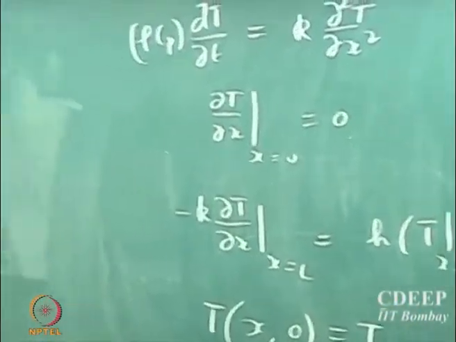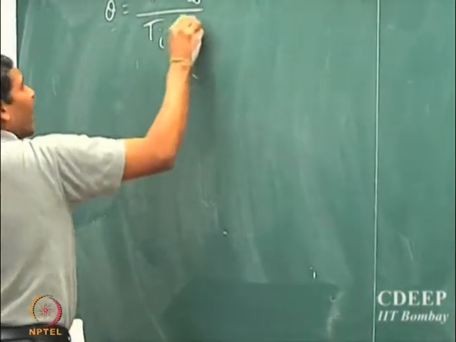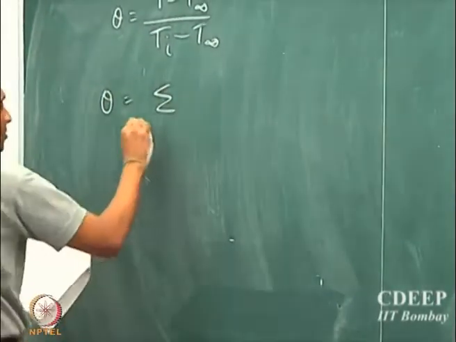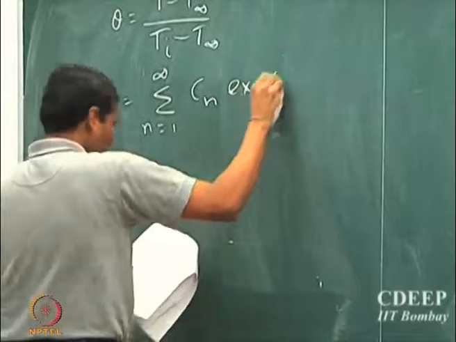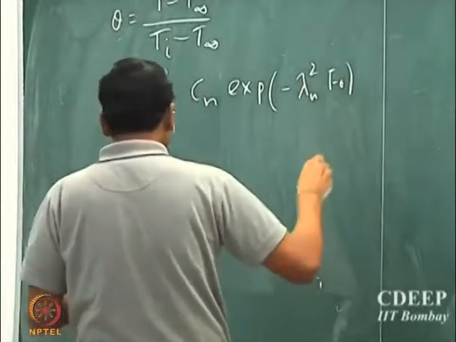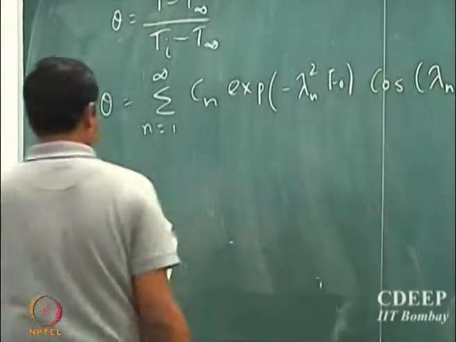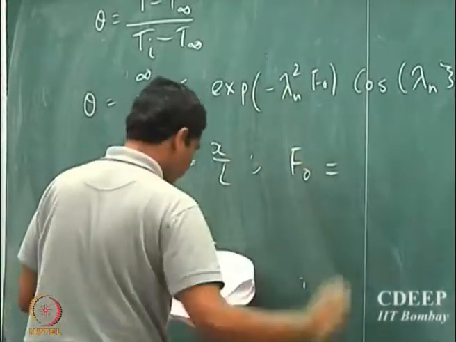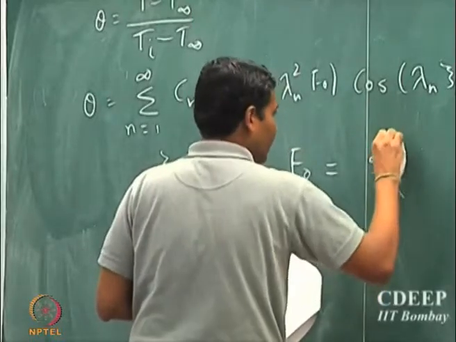if I define theta as T minus T infinity by Ti minus T infinity, the solution will be summation n equal to 1 to infinity Cn exponential of minus lambda n square into Fo, where Fo is the Fourier number, which I will define in a short while, times cos of lambda n Z, and Z is x by L. Fourier number is alpha t by L square.